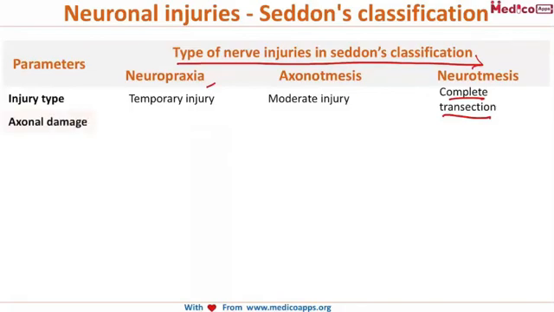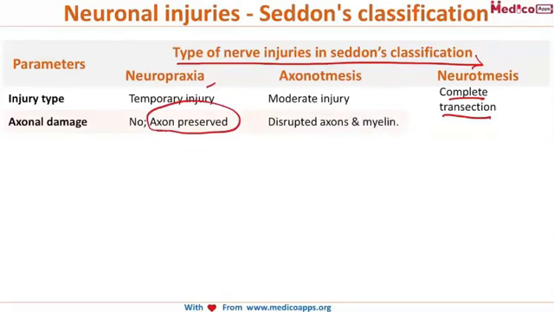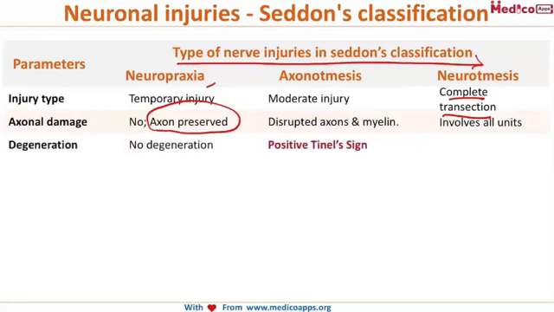Right. The axonal damage you can easily understand. In neuropraxia, the axon is completely preserved, whereas in axonotmesis there is disruption of the axons and myelin, but it involves all the units. Neurotmesis involves all the units. There is disruption of the nerve fiber. And degeneration, we have already seen there is no degeneration in neuropraxia.